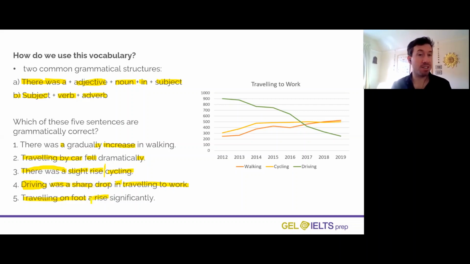So this is not correct because we need, after the subject, we need a verb here. We've got an adverb at the end, significantly, it's got ly, so that's correct, that bit. But a rise here is not correct. If we want to make that sentence correct, we'd have to say traveling on foot rose significantly. So we'd have to change a rise to a verb. So there was just one correct answer there, that was number 2.